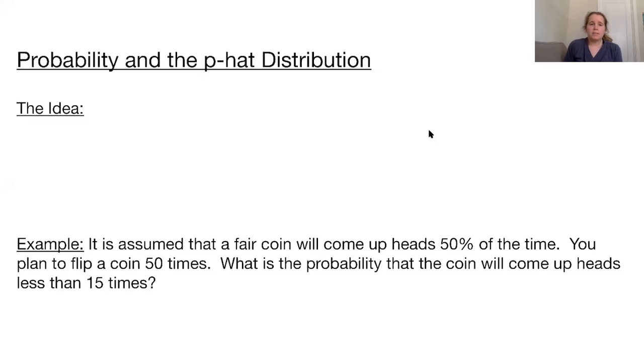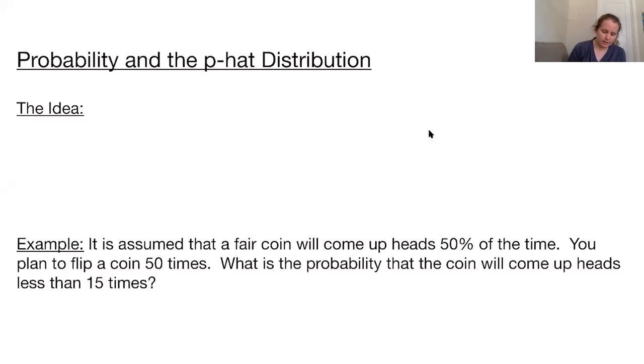Welcome to probability and the p-hat distribution. The idea here is just like when we were studying normal distributions earlier, we could calculate the probability of landing in a specific stretch on that number line.